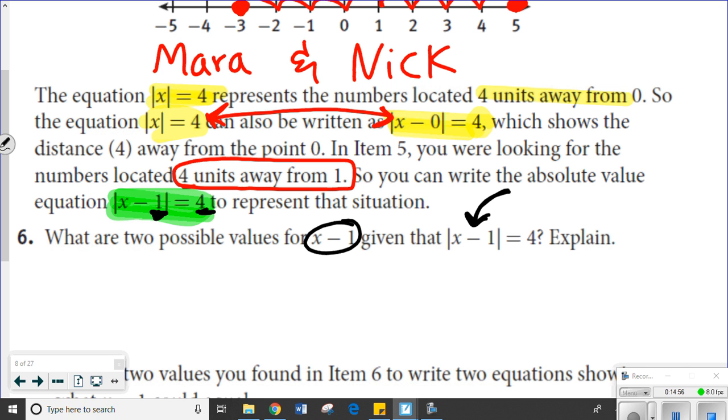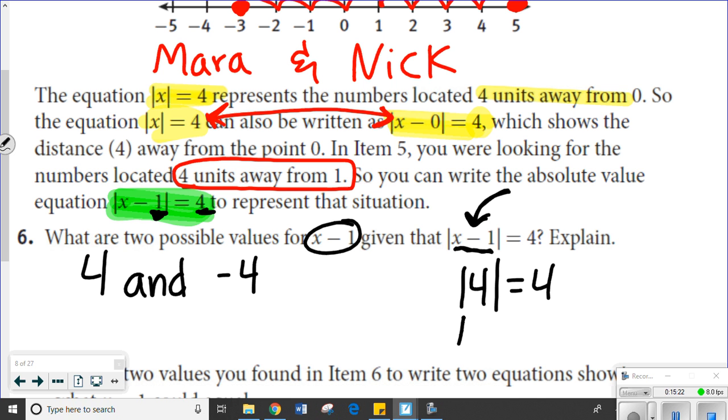So if I want whatever is inside of here to equal 4, it has to be 4, and it also has to be a negative 4, because these numbers are each a distance of 4 units away from 0. And the absolute value of 4 equals 4, and the absolute value of negative 4 equals 4, because they're both 4 units away from 0.